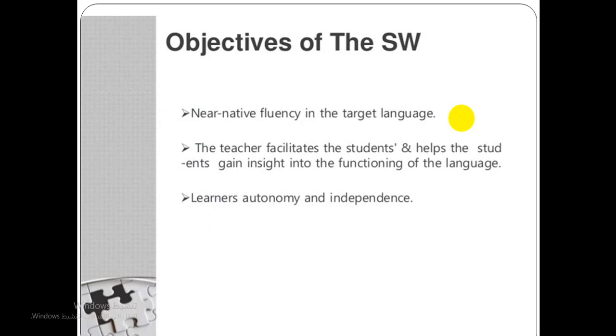This is the main objective of this method. What are the goals of teachers who use the silent way? The goals of teachers who use the silent way are to make students express themselves and to make them develop independence from the teacher.